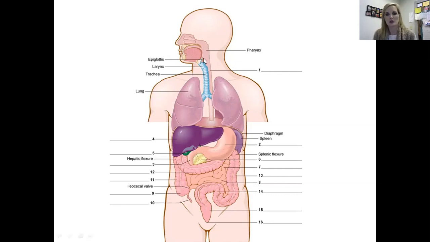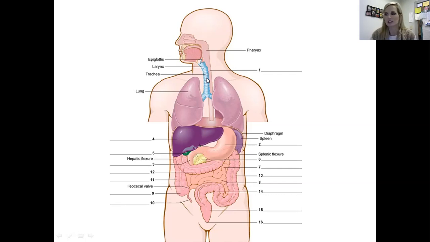Deglutition takes place when we swallow, those muscles are going to force that epiglottis to shut over top of the trachea so that food will pass through the pharynx and then go right into the esophagus. So hopefully that's a similar term for you guys, as we saw that last week when we were talking about the passaging of air. Here we're going to look at food.